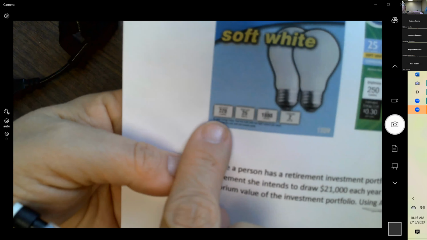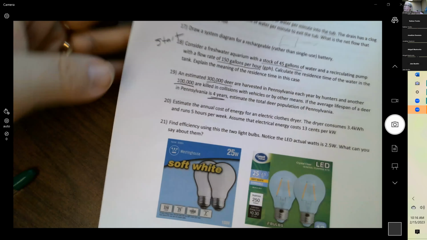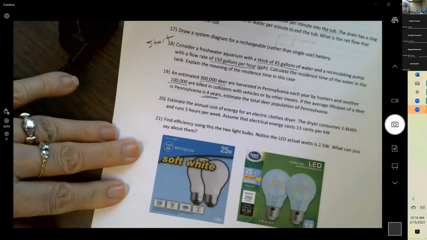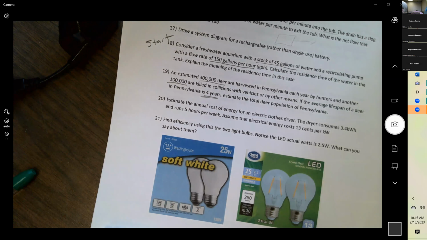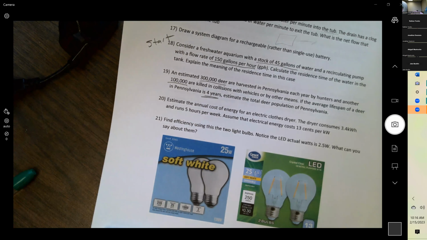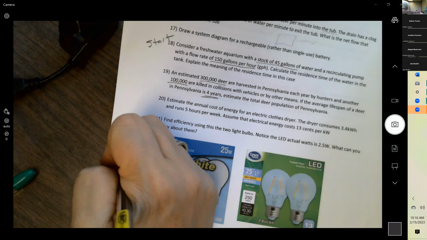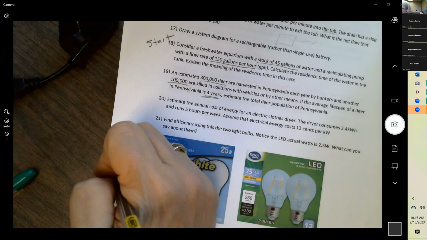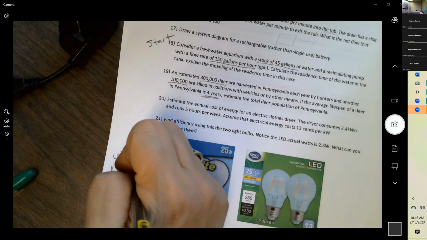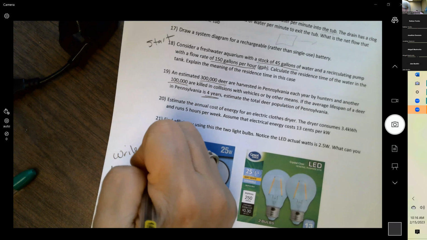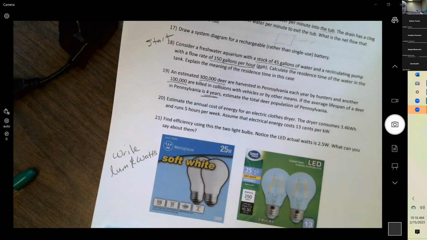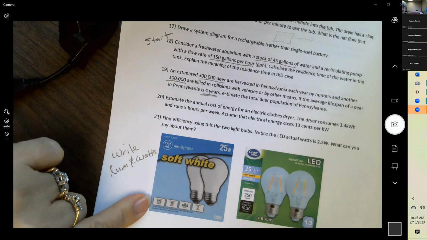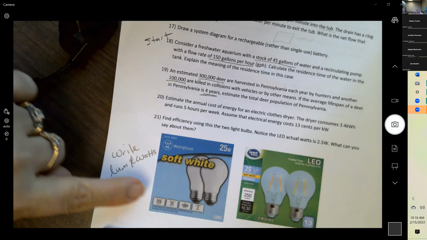But you're getting the lumens, which are right here. Sorry, this one's kind of blurry. But the lumens on this one is 220. Now, if it's blurry on the test, let me know. Maybe I'll go in and write what they are, just in case you can't see them. So this one, the lumens are 220 and our watts are 25.